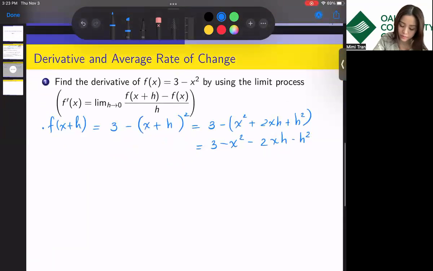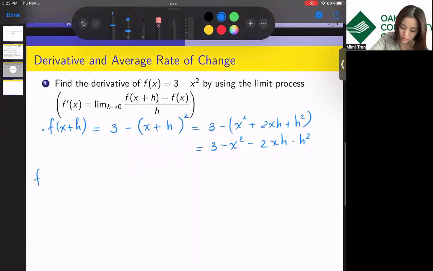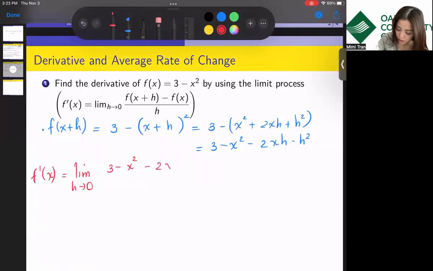Now I'm going to plug it in. So f prime of x is equal to the limit as h approaches 0 of f of x plus h, which is 3 minus x squared minus 2xh minus h squared, minus f of x, which is 3 minus x squared.